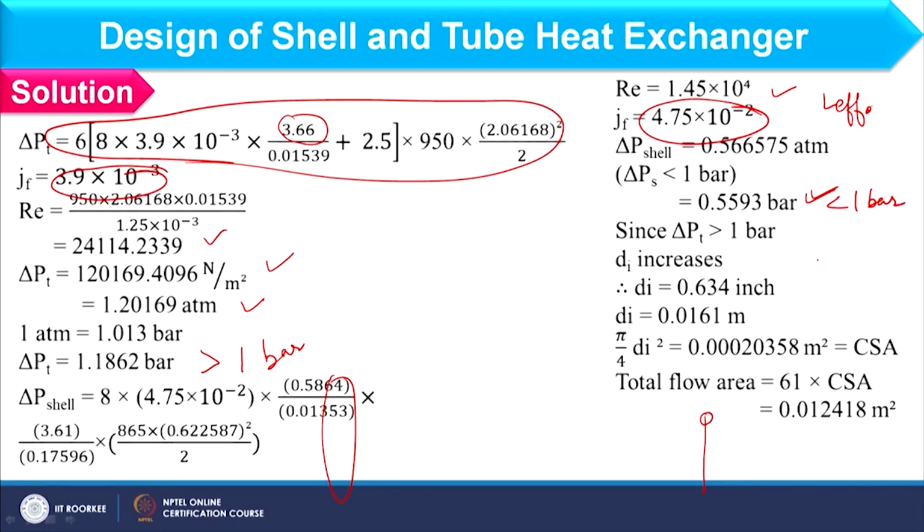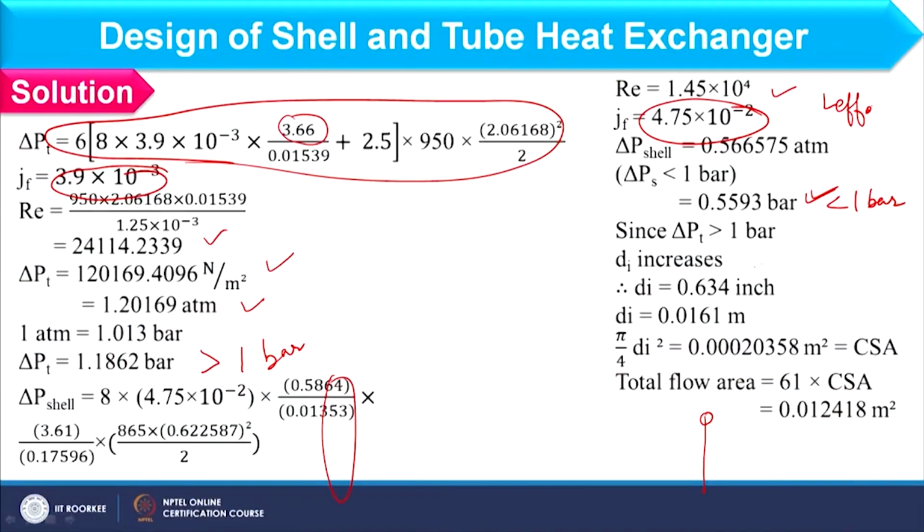So the shell side pressure drop you can obtain in a correct range, however, that is not in range for tube side. Now, what should I do? I have to maintain the pressure drop in tube side as well. In this case we can have different options, like we could reduce the tube passes.